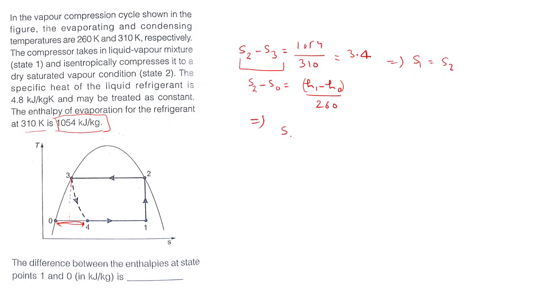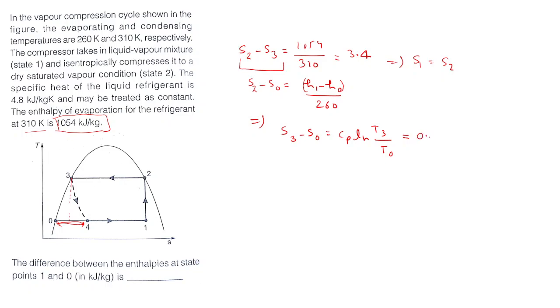So what would be the entropy difference S3 minus S0? Cp ln T3 by T0, because we only know the temperature. We don't know the pressure, and in liquid pressure doesn't play any role because it is incompressible in nature. So we neglect that part. We know T0, we know T3, and we know this Cp value. So how much value are we getting from here?